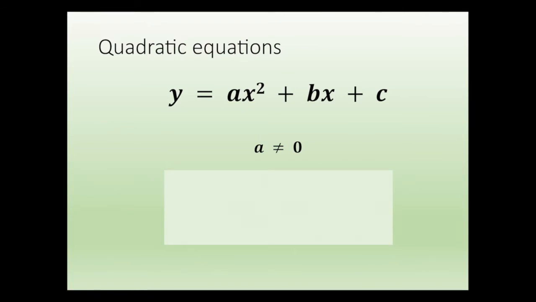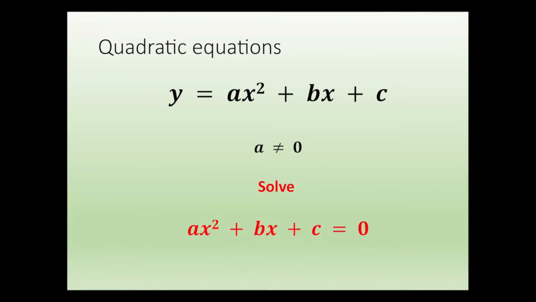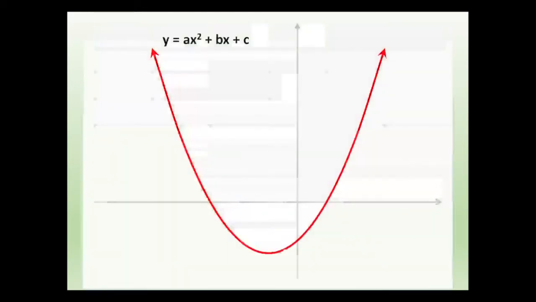A quadratic can be written as y equals ax squared plus bx plus c, like I mentioned just now, and a does not equal 0. And we can solve for ax squared plus bx plus c when y equals 0. Now let's have a look at the graphical significance of this.